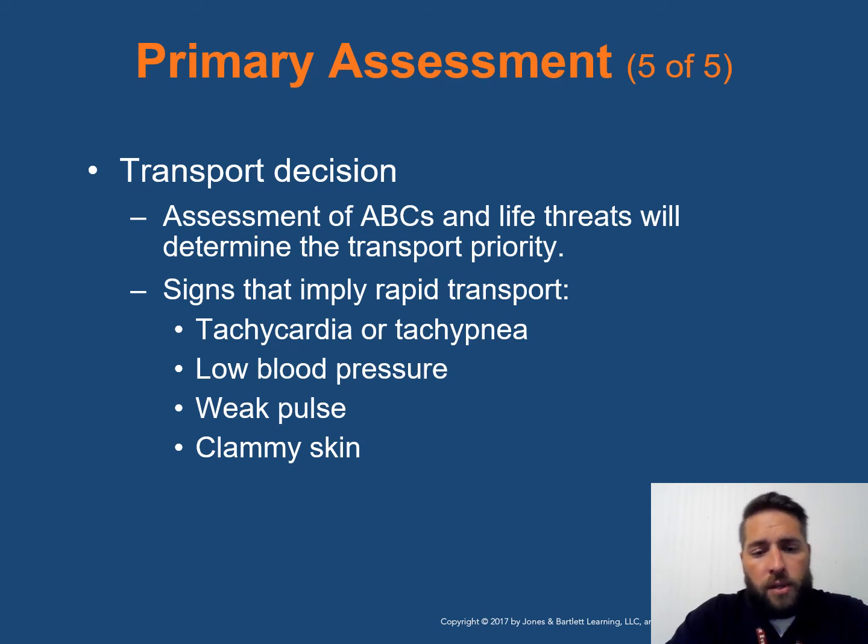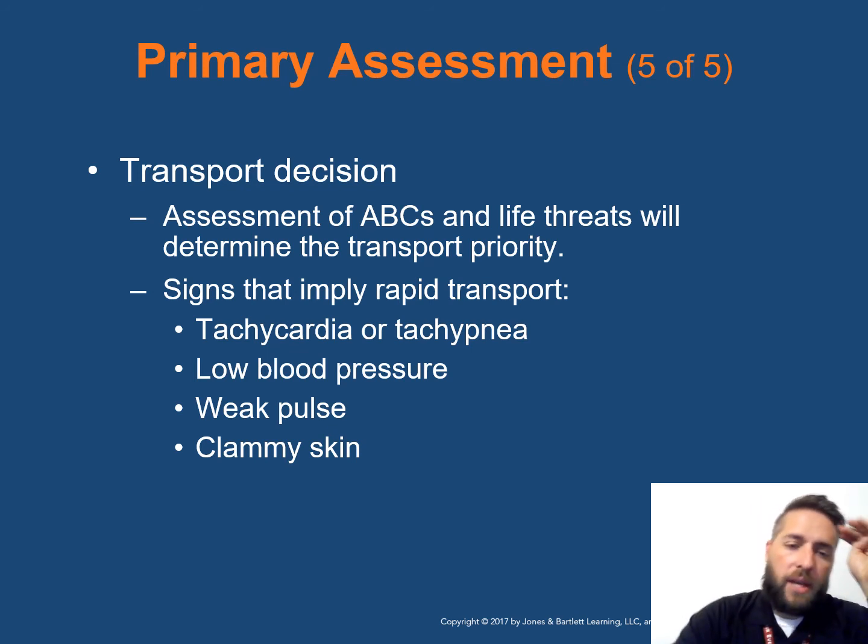So here are some signs and symptoms that would constitute a rapid transport. Take tachycardia with other symptoms. I can't just say that by itself is enough. If these were all together, I would say it would be a better reason to run up with. So low blood pressure, tachycardia, weak pulse, and clammy skin. All those.